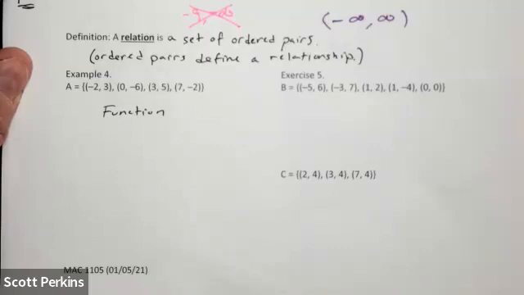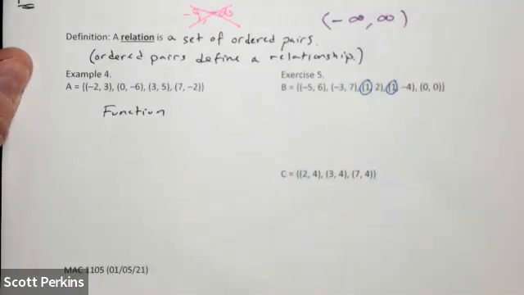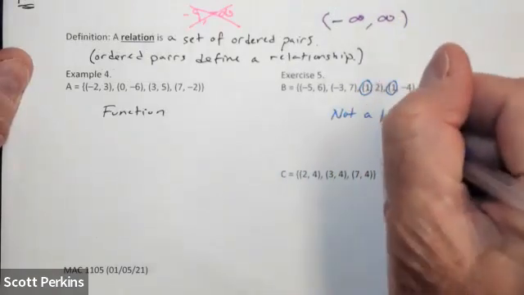So relation B, is relation B a function? Yes or no? No. What's the problem? Okay, 1. Notice the x value 1 corresponds to 2 y values. This corresponds to 2 and -4. So this is not a function.